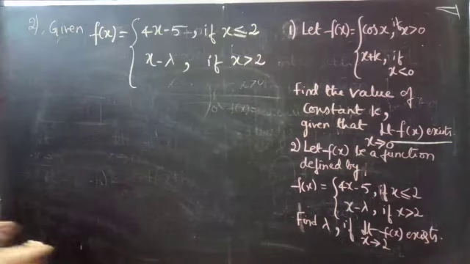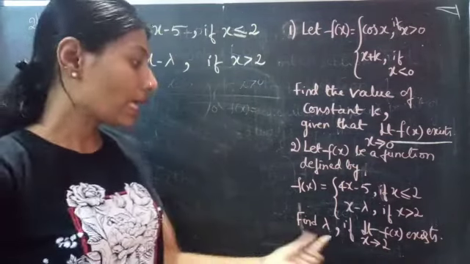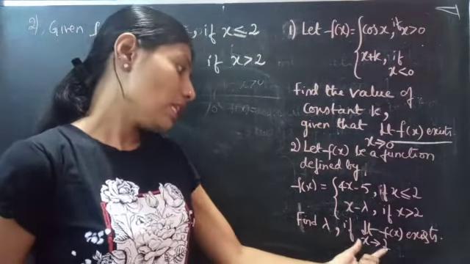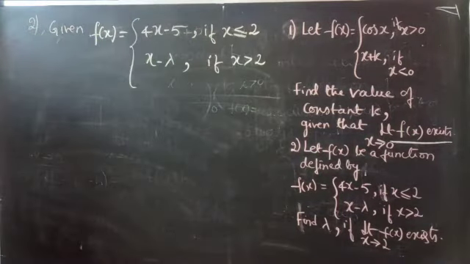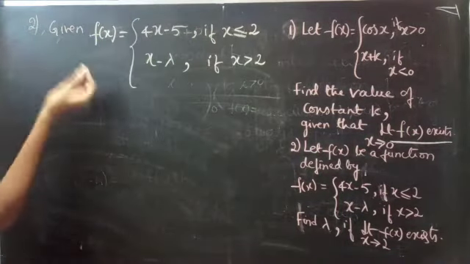So now we have to find lambda if limit x tends to 2, f of x exists. Okay. Solution.